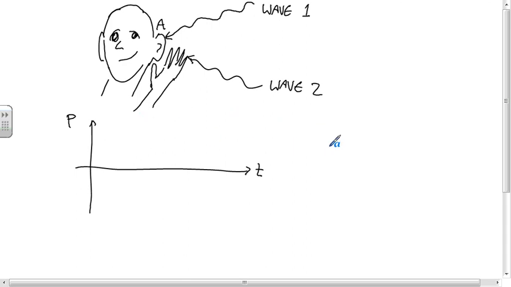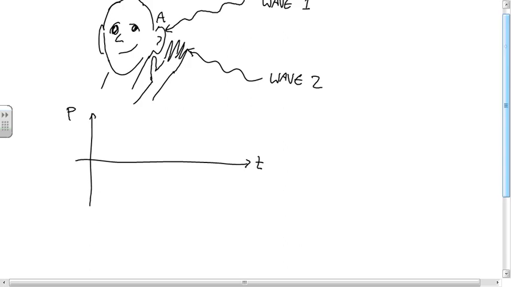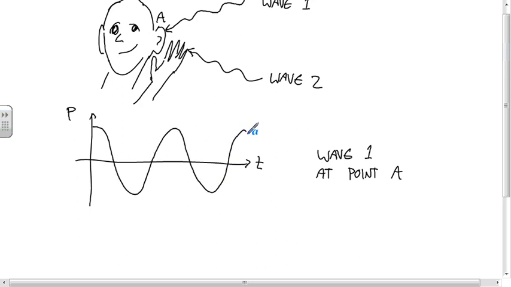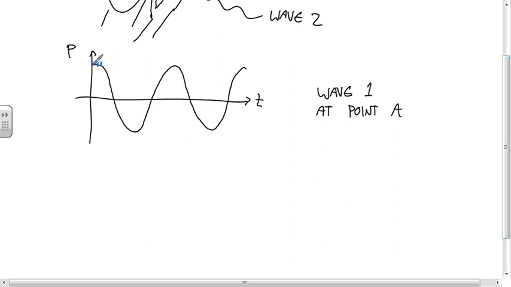So this is a graph of position versus time for wave 1 at point A, okay? And let's say this goes like this, with values of, let's say, 0.01 is the amplitude.